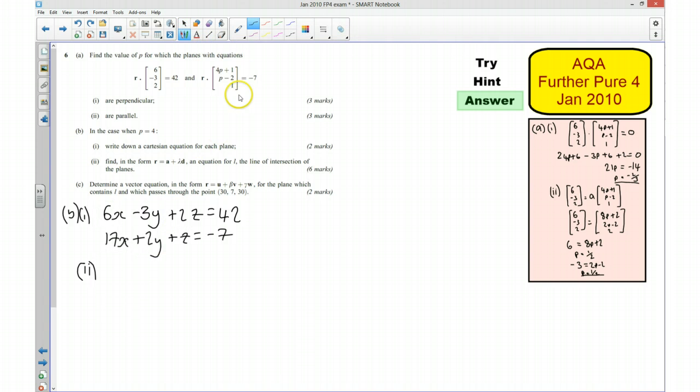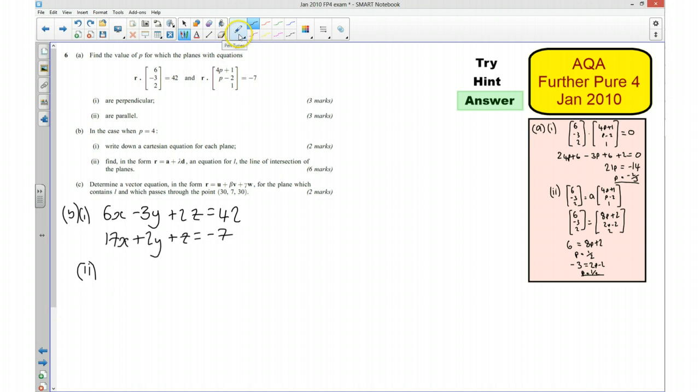Right, I'm going to start by finding the direction vector of the intersection. So I can find out the direction vector of the intersection by taking the two normals to the plane and finding the cross product of the normals to the planes. So that will be perpendicular to the normals, and it will also be the direction of the intersection.